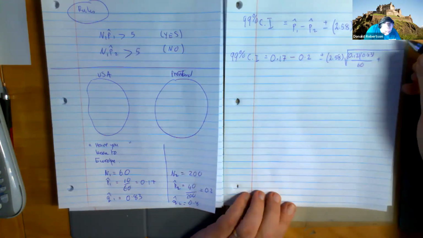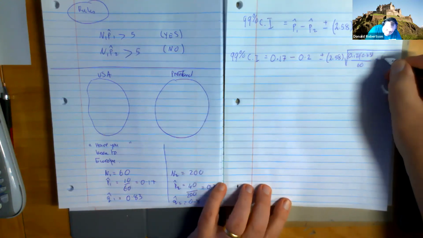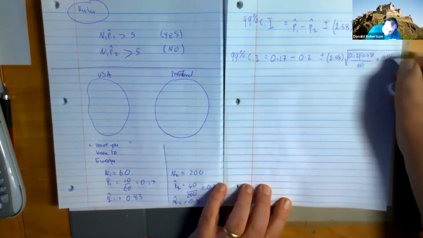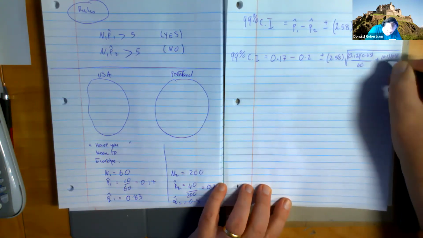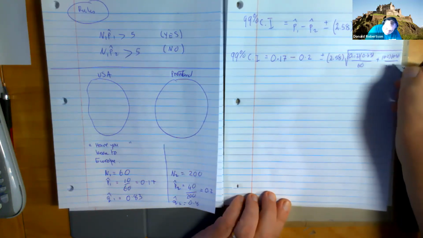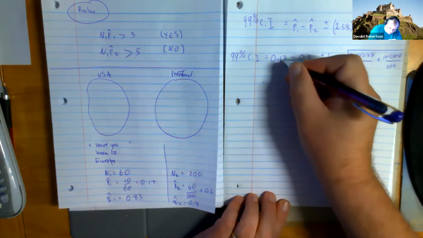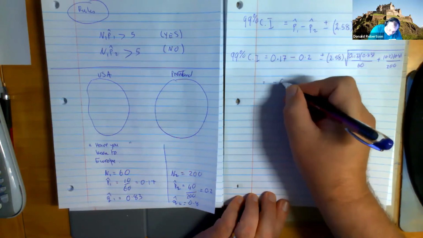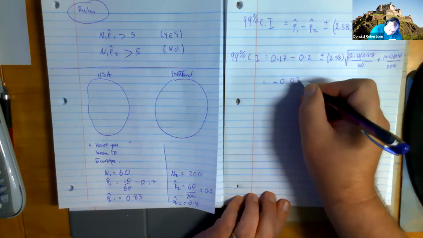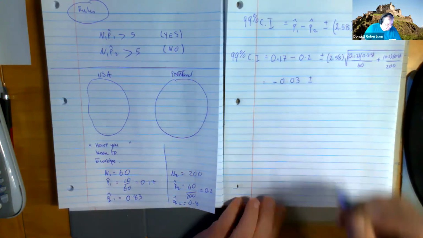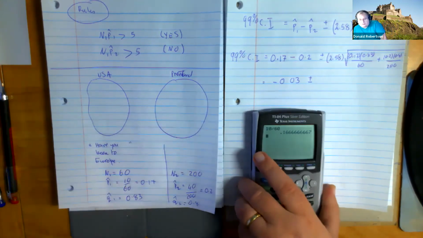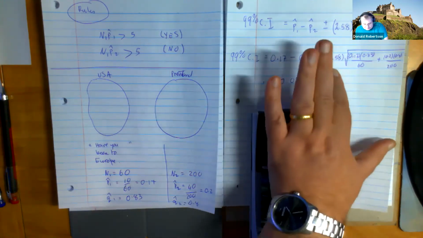And the other one is going to be 0.2 times 0.8 over 200. Well, that take away that is a negative number, and you will get negative numbers in these questions. So don't let that distract you. So time to do this fella.